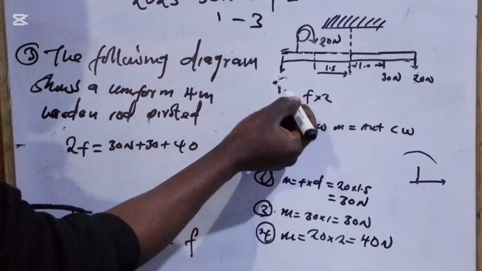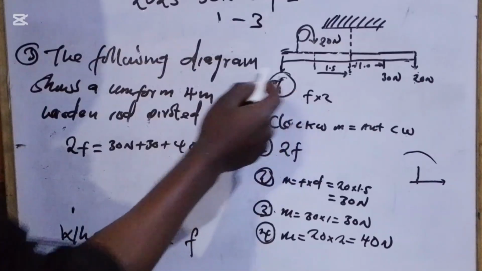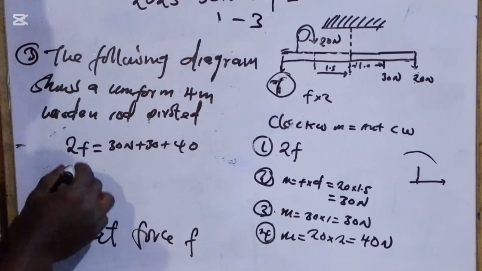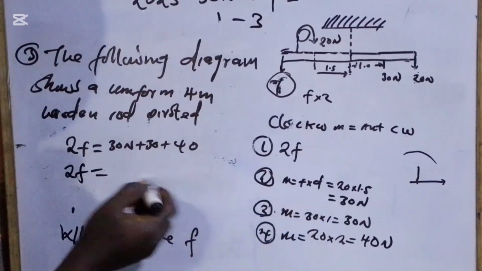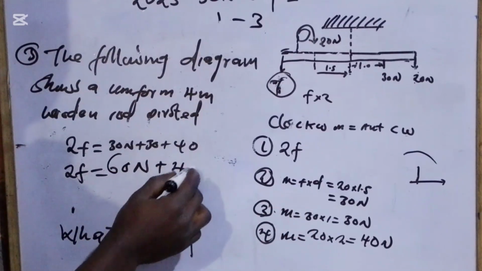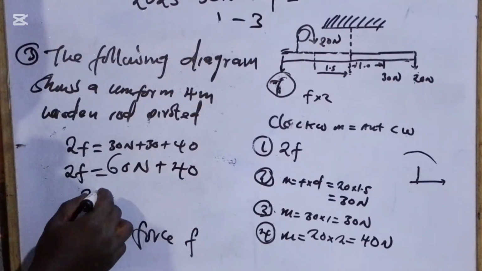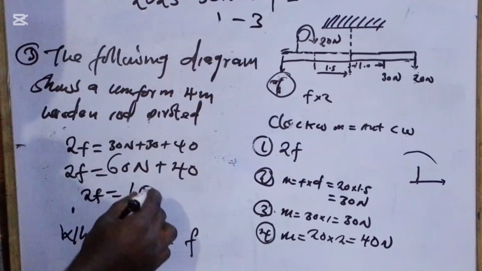We have to balance this pivot for us to find this force here. Okay, so 2F is equal to 30 plus 30, which is 60 Newton, then plus 40, then 2F is equal to 60 plus 40, which is 100.